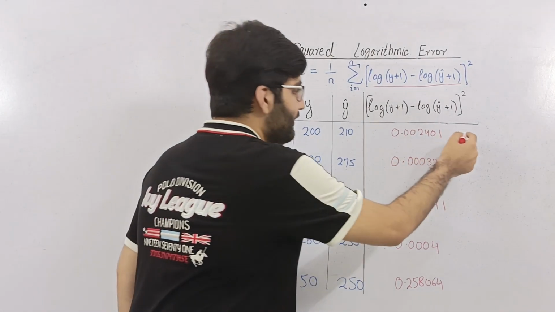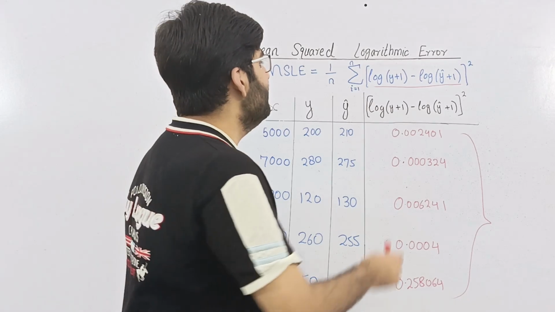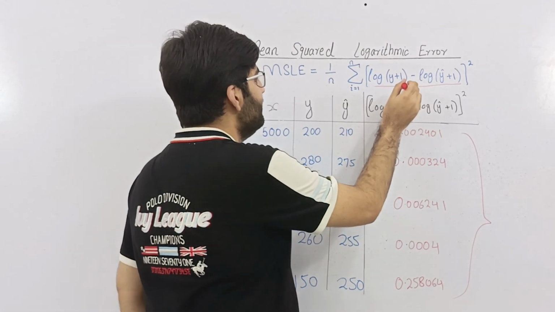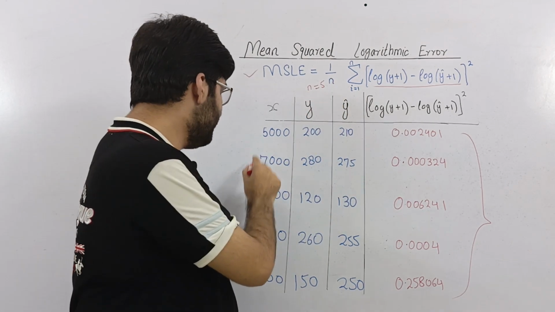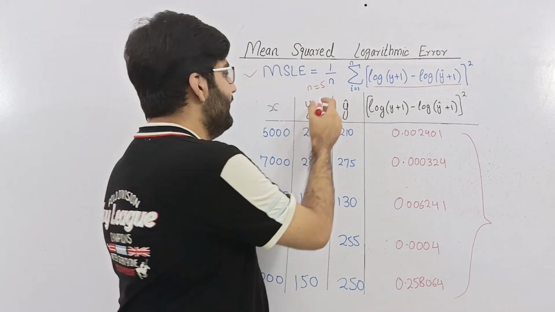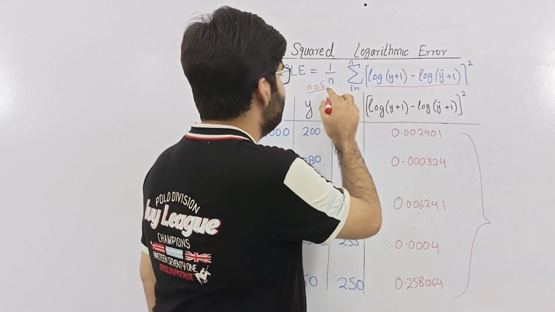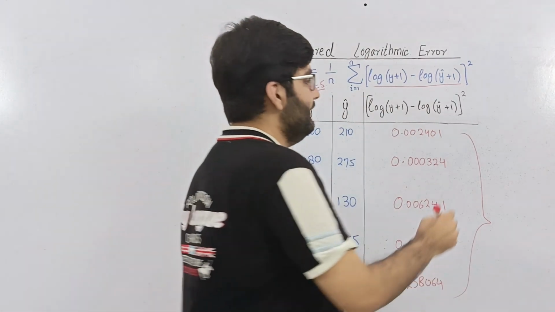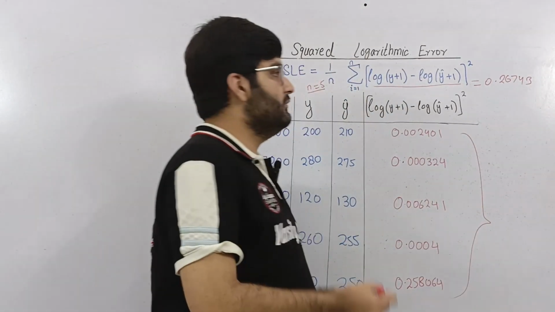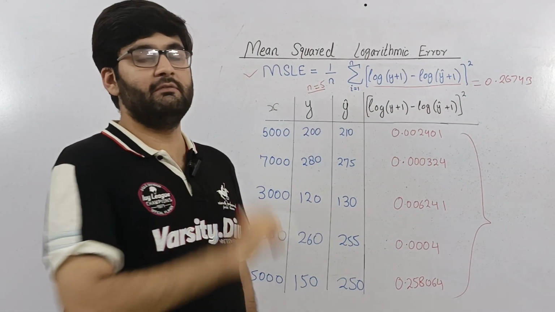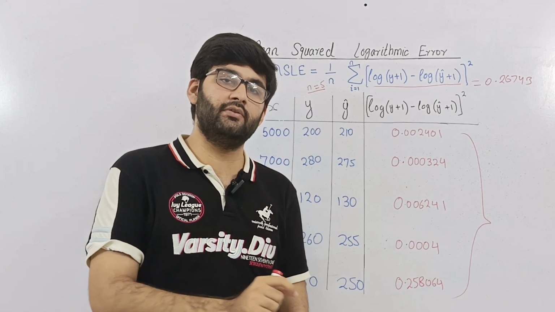So once we have all these, we can sum them up and then put them in this formula and put here n is equal to 5 because there are 5 rows in the data set. Once we put them here, multiply them with 1 by 5, we will get this. So 0.26743, that is the mean squared logarithmic error.